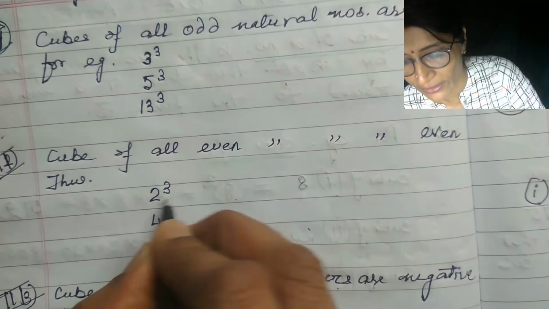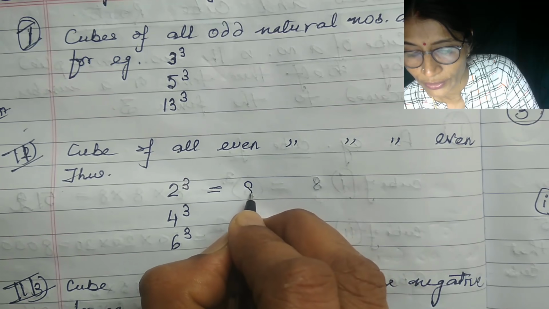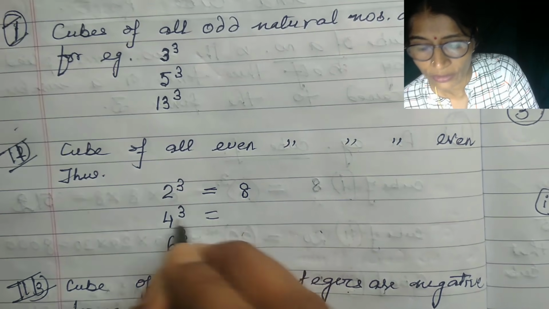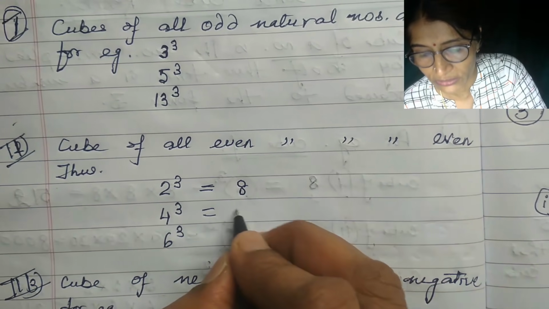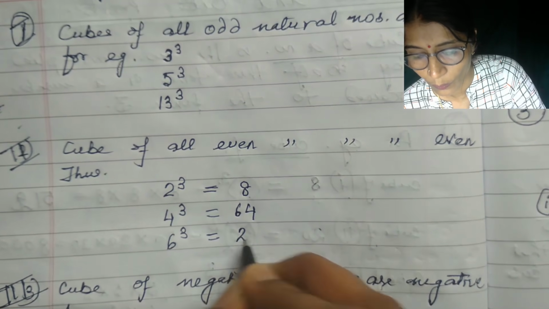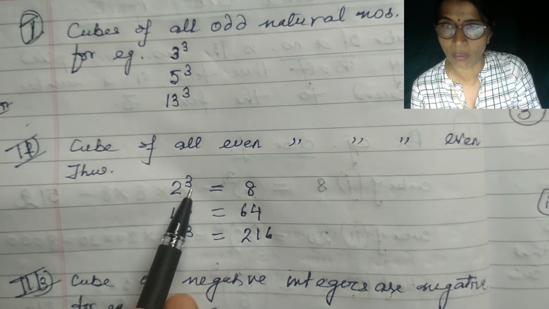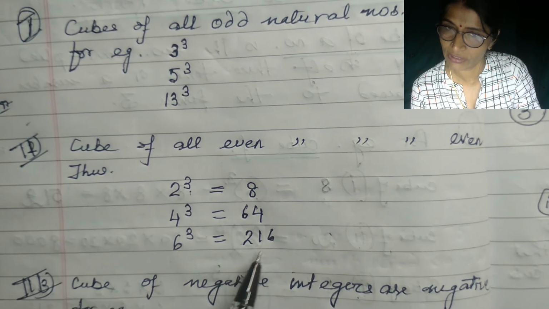Check it: 2 to the power 3 is 2 into 2 into 2, which is 8. 4 to the power 3: 4 fours are 16, 16 fours are 64. And then 6 cube is equal to 216. So we observe that the cube of any even number is even.